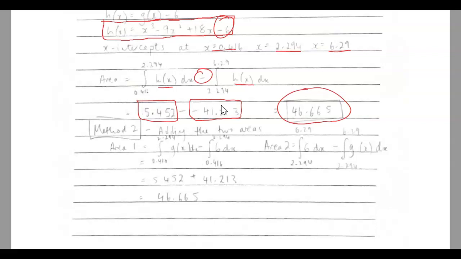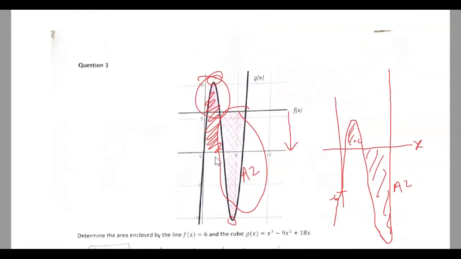All right, so the second method is adding the two areas. So just trying to figure out what I did here. Adding the two areas. So area 1, I've got g of x minus 6, which was f of x. And I can't rub this out, I'm sorry. So to work out this area here, you could do the area up the top of the whole thing minus the area below it.